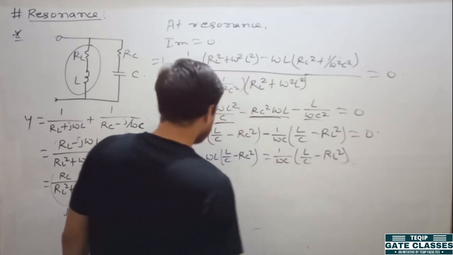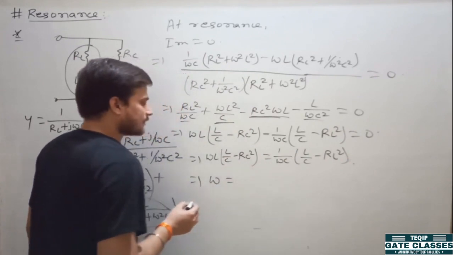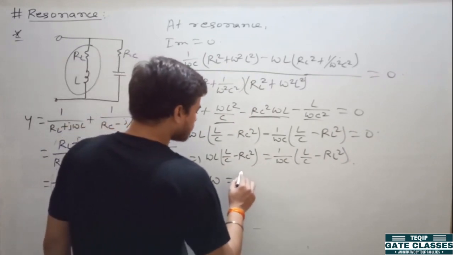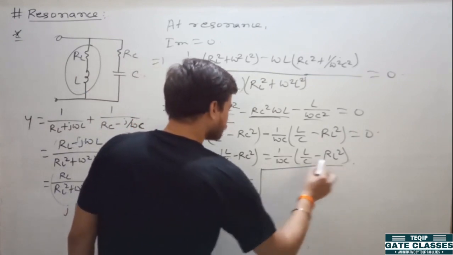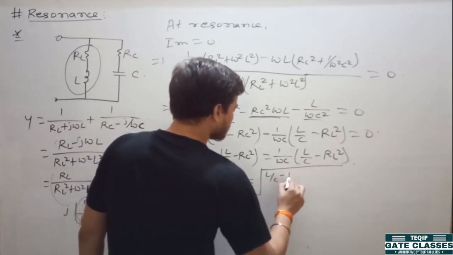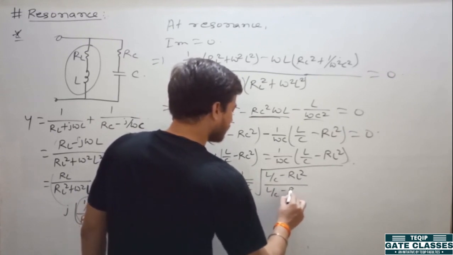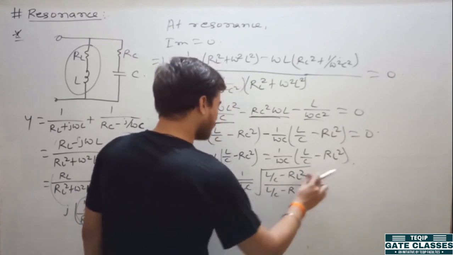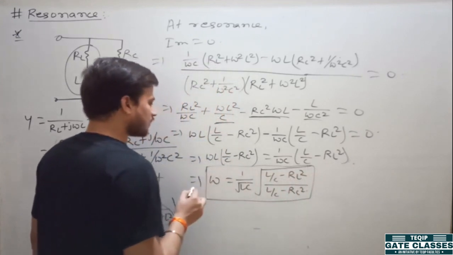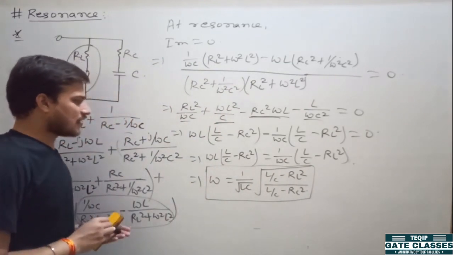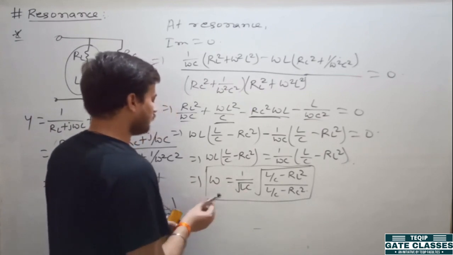minus R_L squared). So from here if you write the expression for omega, the value of omega is 1 upon under root LC into under root of (L by C minus R_L squared) divided by (L by C minus R_C squared). So this is the expression for omega equal to omega naught, that is the resonant frequency.